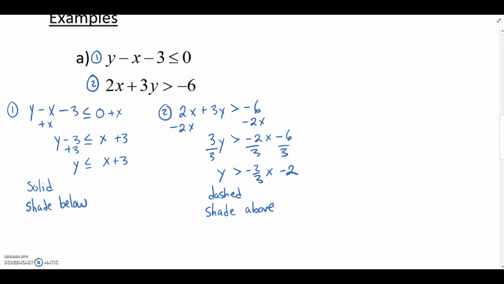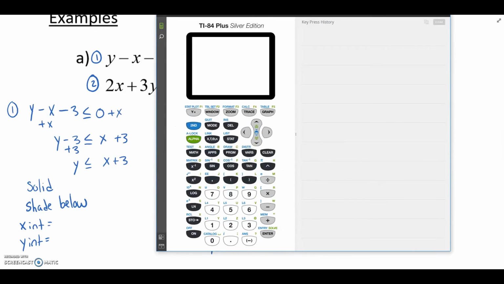We're going to use our graphing calculator, put those in, find our x-intercept and our y-intercept for both inequalities, and then we can use that to graph. So let's have a look.